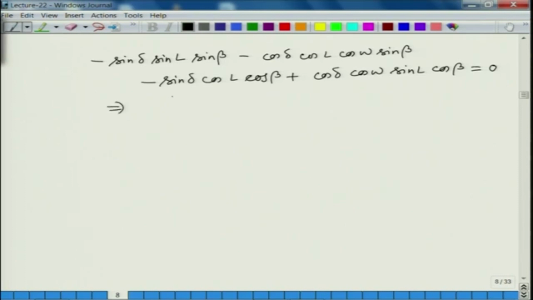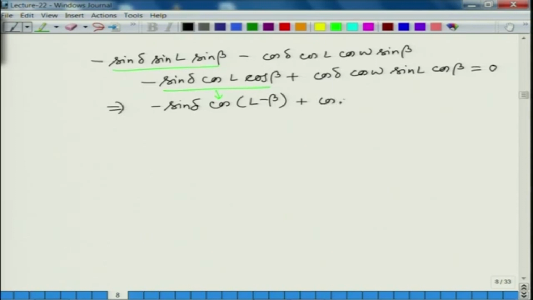Then if you simplify this expression, you get minus sin delta cos of L minus beta. If you take these two terms with sin delta, they will give you this.